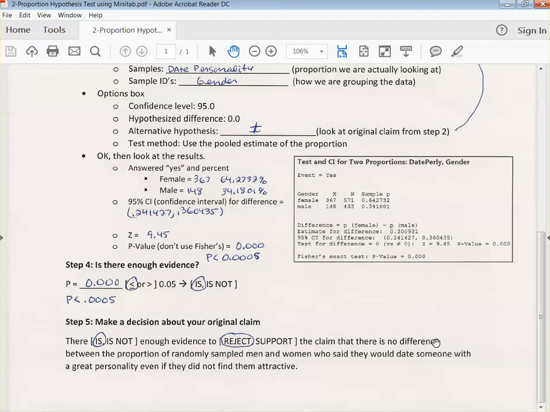So the no difference means that they would be equal. Basically, we're rejecting that there's no difference, and instead we're saying there is a difference between the proportion of randomly sampled men and women who said they would date someone. So there is a difference here, which isn't surprising given the 367 to the 148.